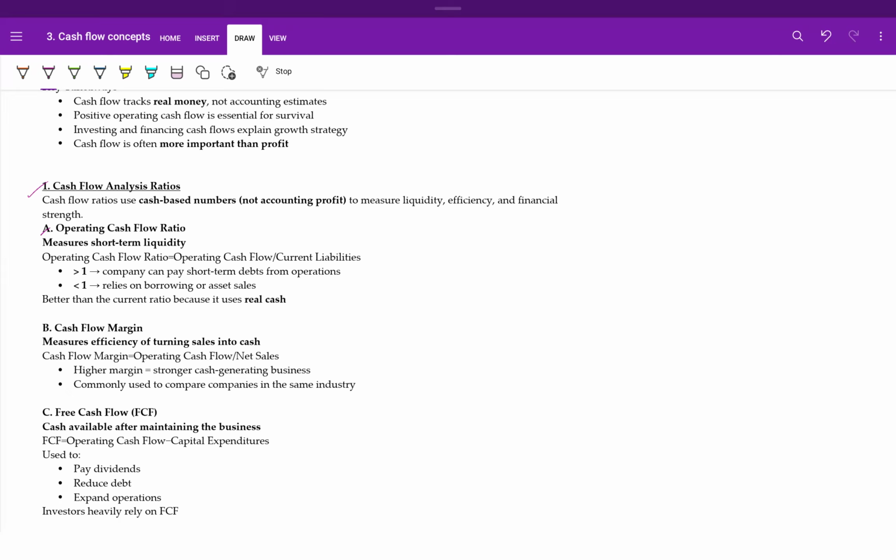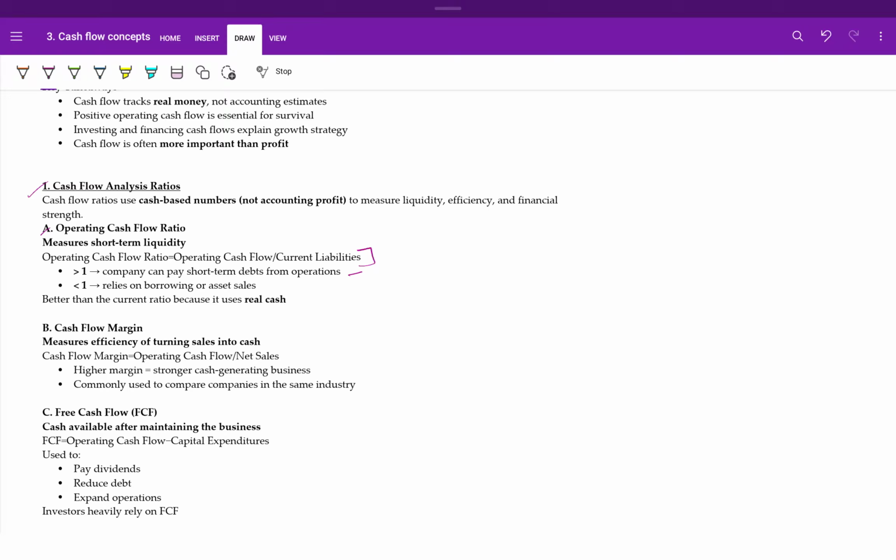The formula for operating cash flow ratio is operating cash flow divided by current liabilities. If the ratio is greater than one, it means the company can pay its short-term debts from its operating activities. And if the ratio is less than one, it means that the company depends on loans, asset sales, or external financing to meet short-term obligations.